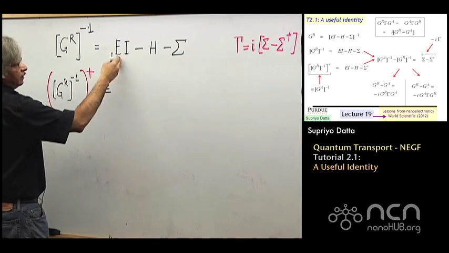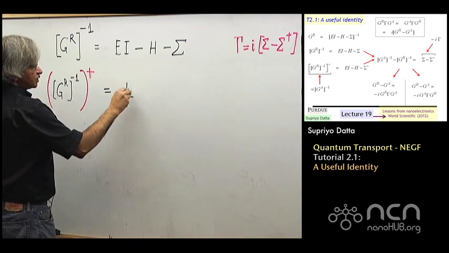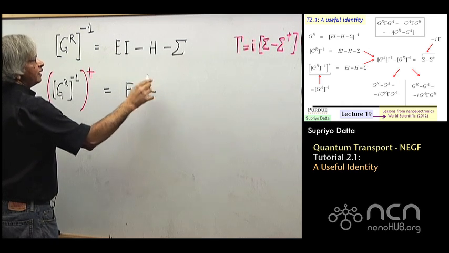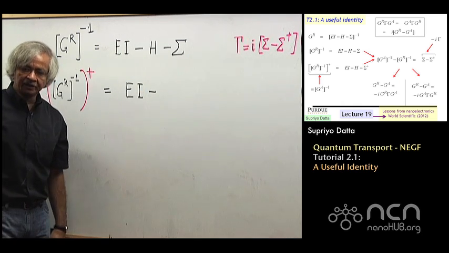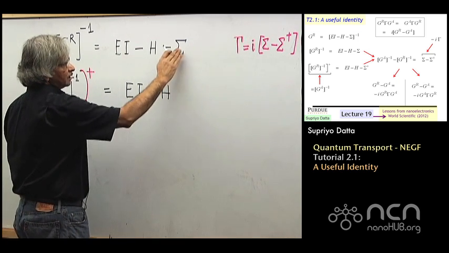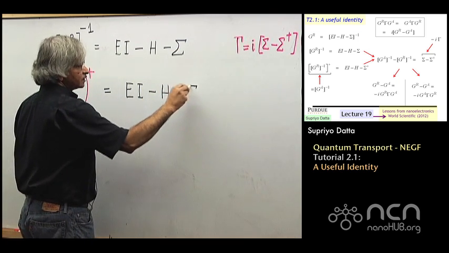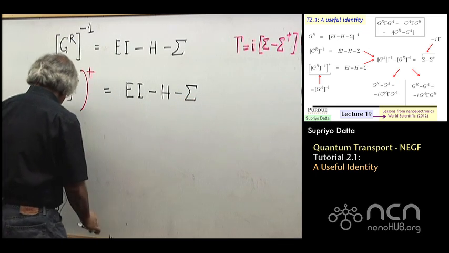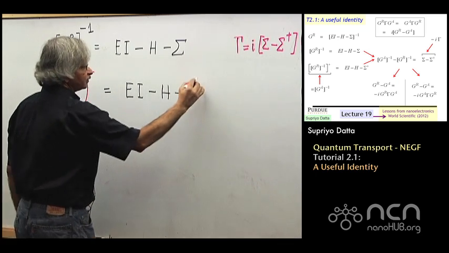Now, EI, of course, when you take conjugate transpose, it's still EI. H is Hermitian. What that means is it's equal to H dagger. But sigma isn't Hermitian, so when I take its dagger, we get something different.